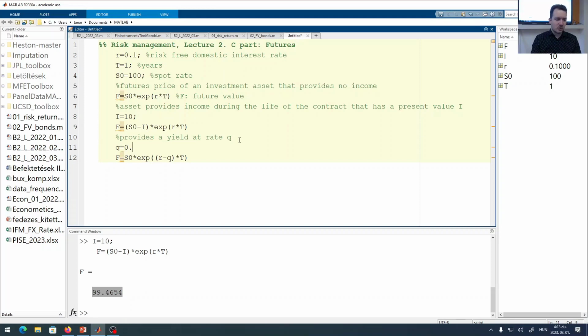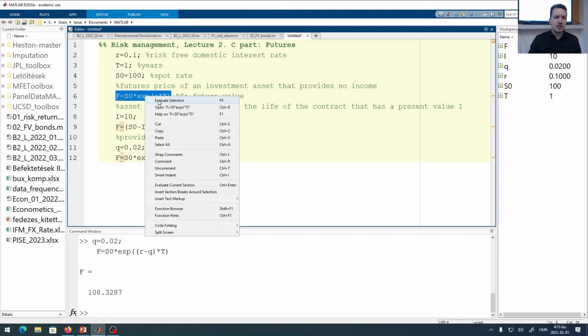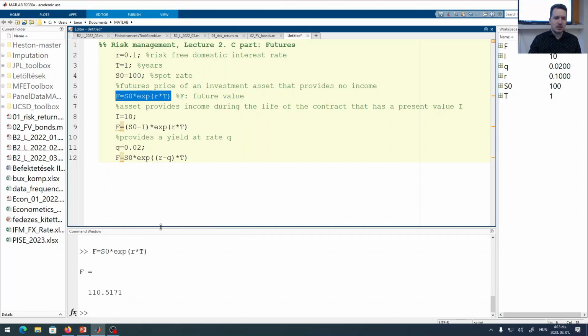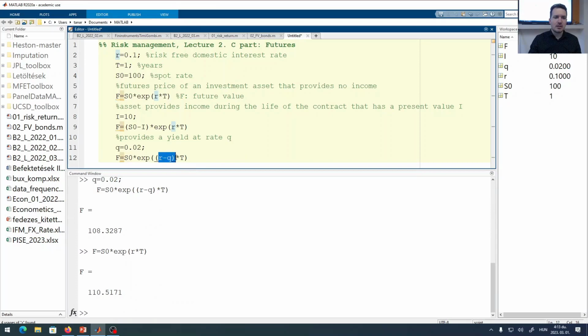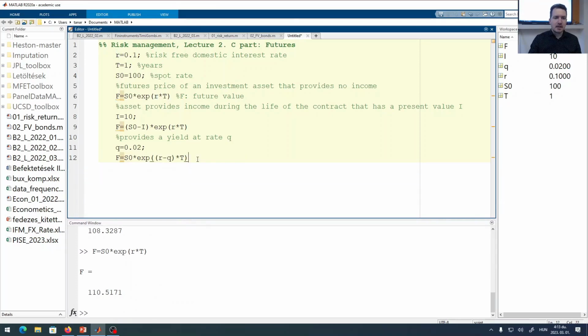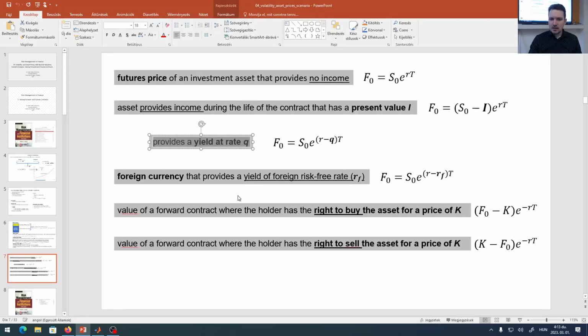Okay, it cannot be 0.1, so let's say 0.02. Is it bigger? Yeah, it cannot be bigger. We decrease this one, so yeah.